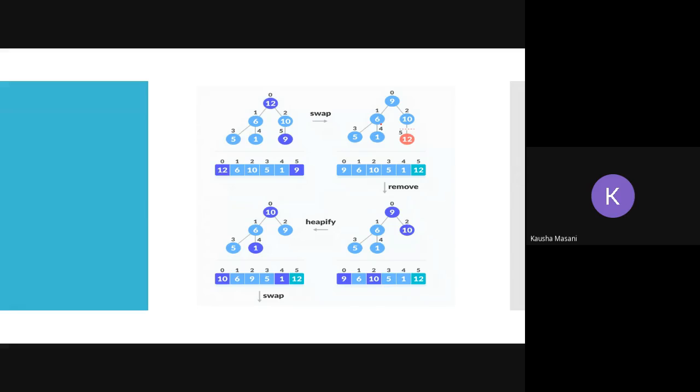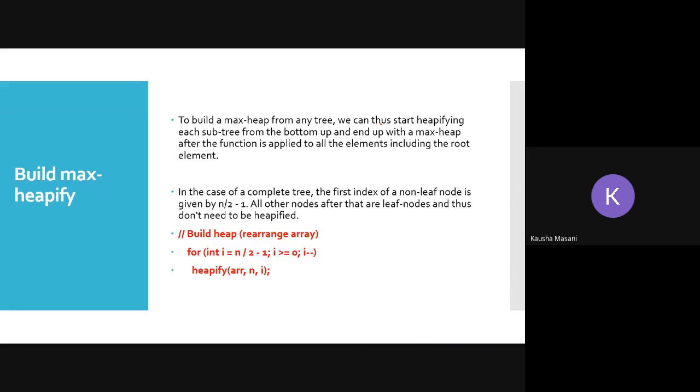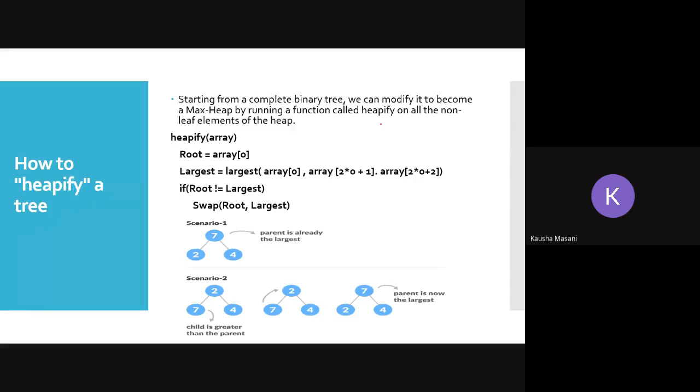Then from the child node, we are deleting that 12. And then again we are adjusting our tree back, or we can say we are balancing our tree back. Okay, that is what the first pass is, and that is one whole method to build a maximum or minimum heap.